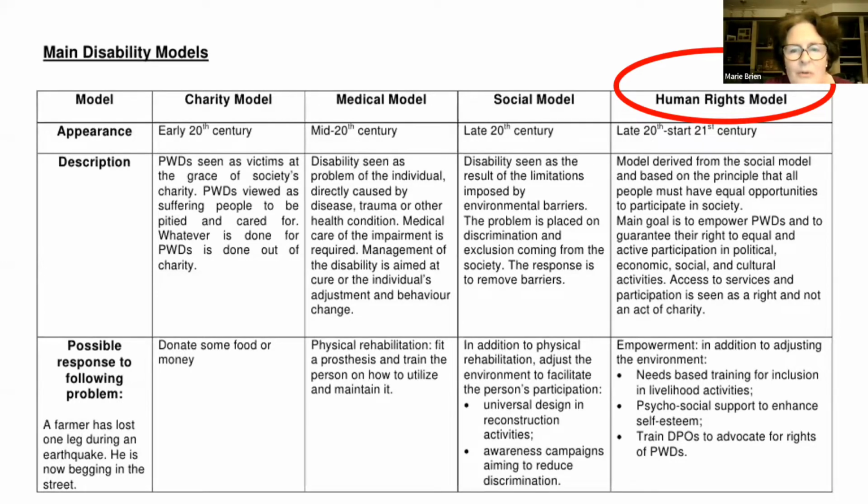It is not only to enable the environment, but also to empower the person with disability, and to have true inclusion and livelihood activities and full access to services and participation in every aspect of life.